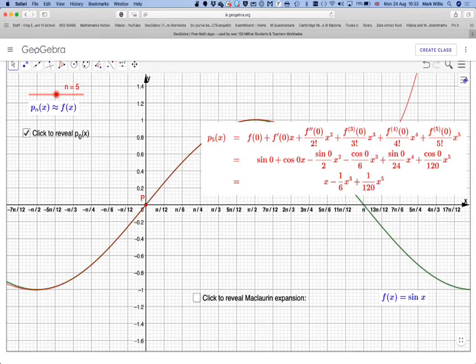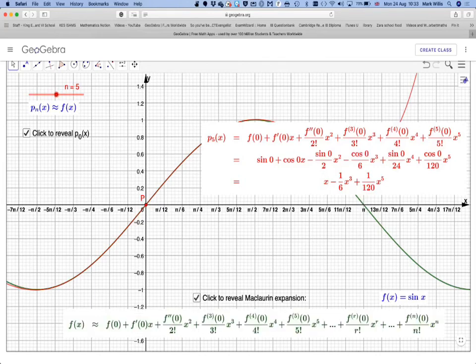If you differentiate sine, you get cos, so you get this term here. Cos of 0 is 1, so we need to add on 1 over 120 x to the power of 5 to our other two terms. And this is the first three non-zero terms of the expansion for sine x using Maclaurin's series. Maclaurin's series is got by doing this.